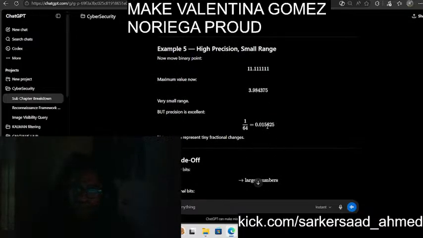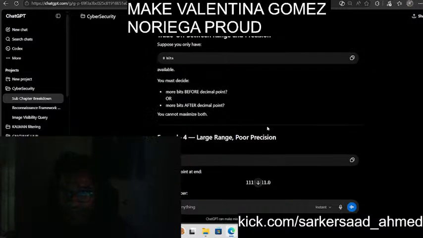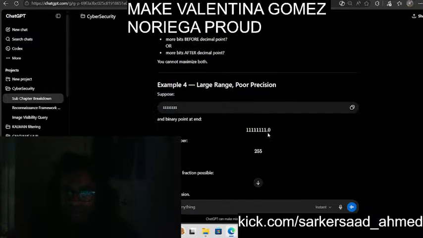No, I understood. Now, suppose you only have 8 bits. You must decide more bits before the binary point or more bits after it. You cannot maximize both. Suppose all of them are 1 and the binary point ends at 0.